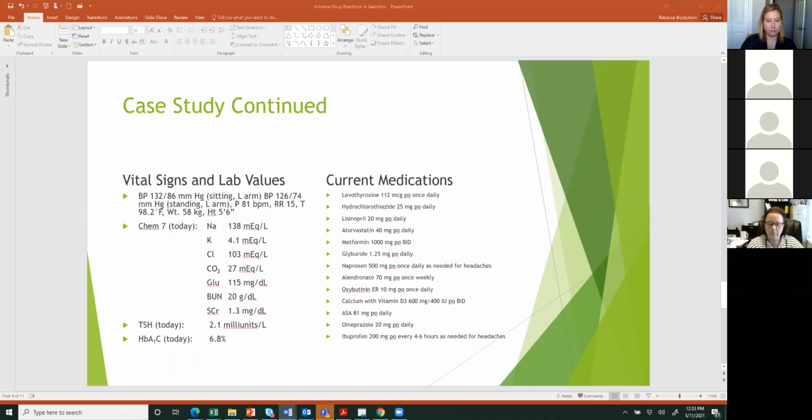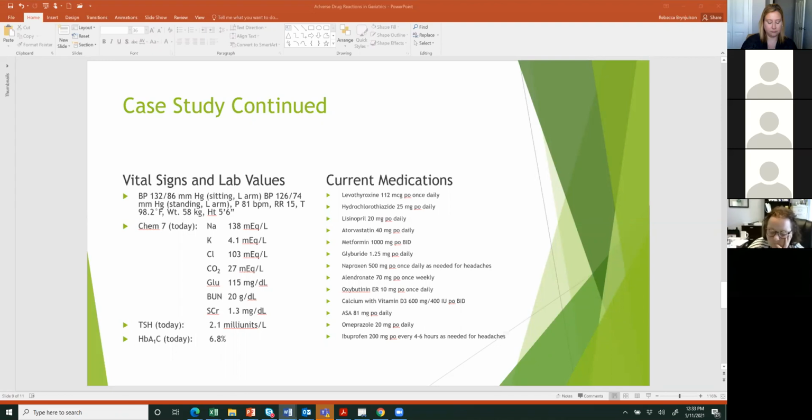All right. So the other thing that pharmacists routinely do when we are evaluating patients and medication safety is calculate a creatinine clearance. Some of you may or may not be familiar with the creatinine clearance calculation, an estimation of renal function.